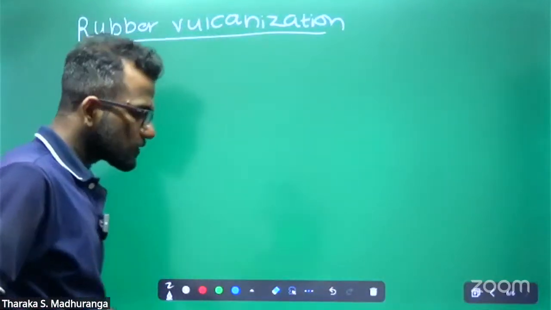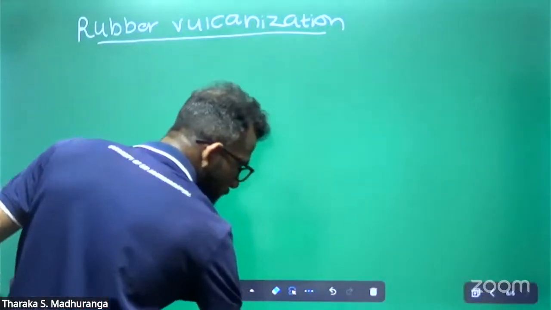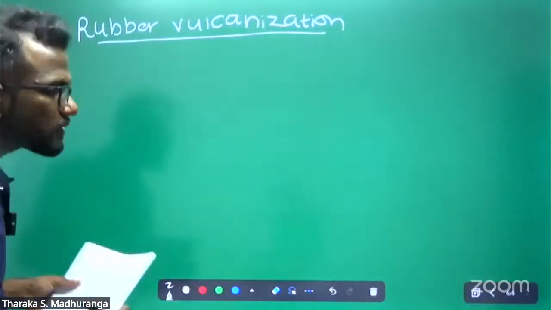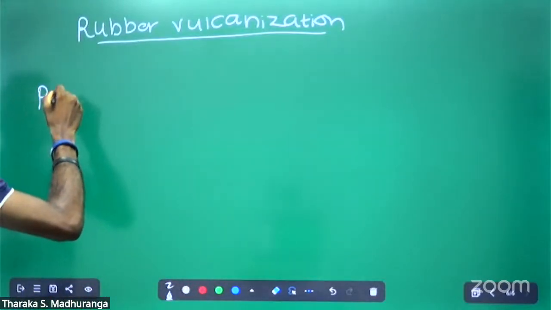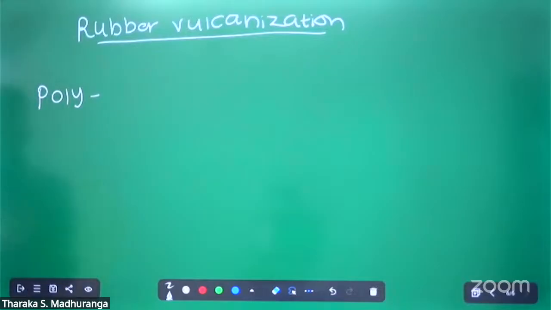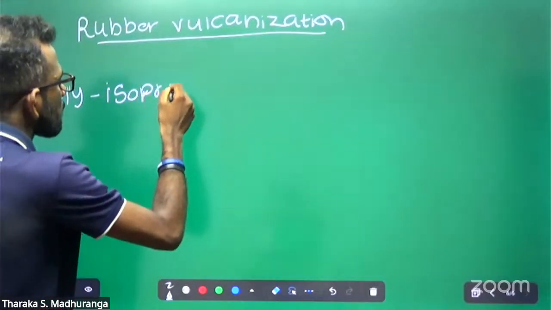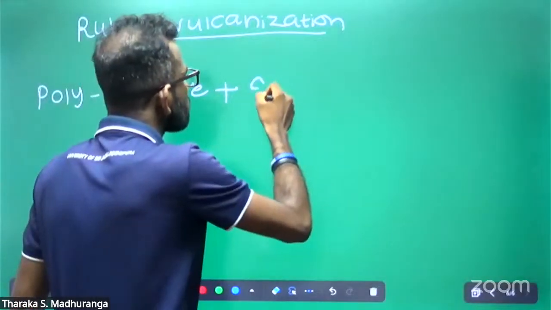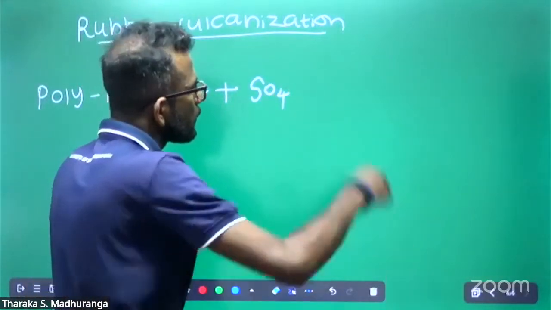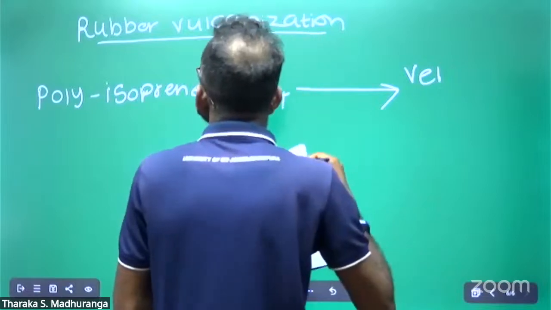Therefore, if I react this polyisoprene with a sulfate group, SO4, then it simply produces vulcanized rubber.